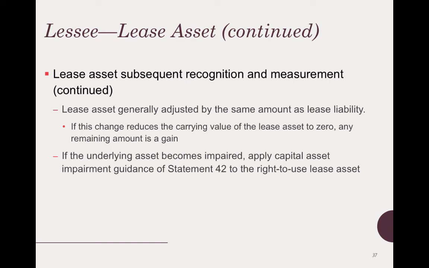And so generally, if you're a government, you're beginning with relatively or very equal values between the lease asset and the lease liability, and you're going to set this up in a way that you're essentially reducing them in tandem over the term of the lease.